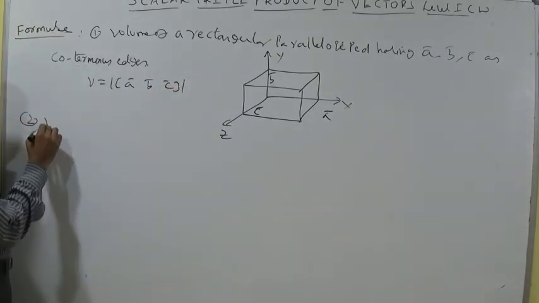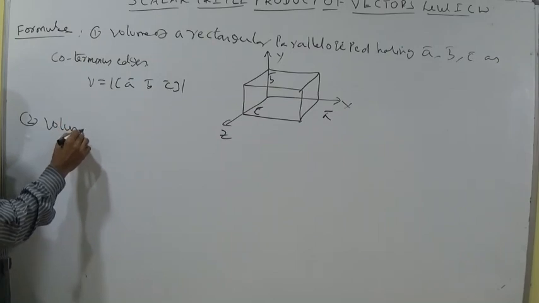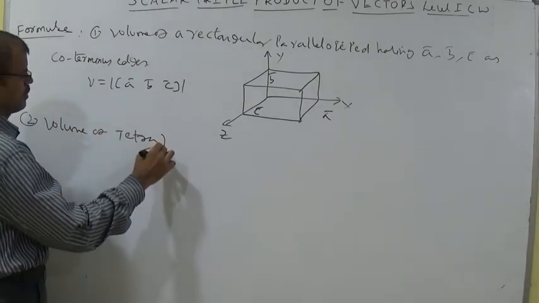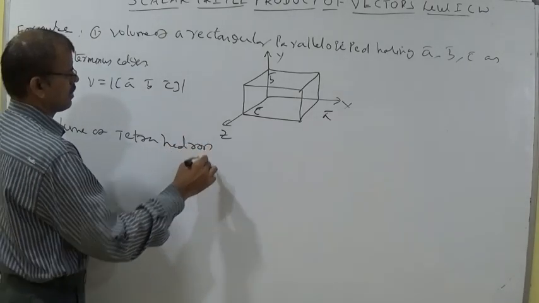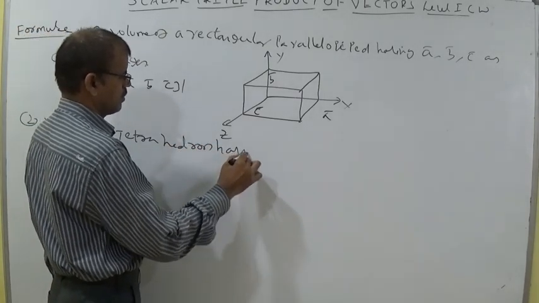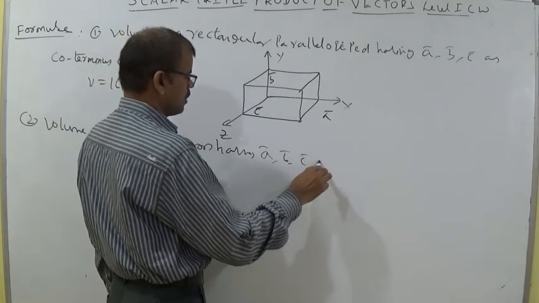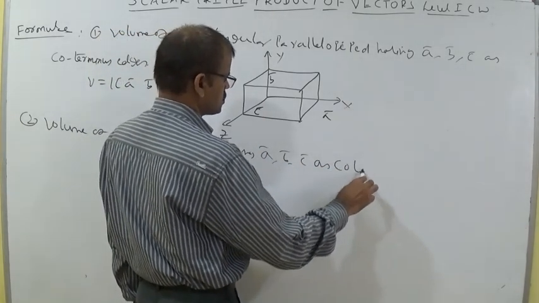Next, the second one, volume of a tetrahedron having A bar, B bar, C bar as coterminous edges.